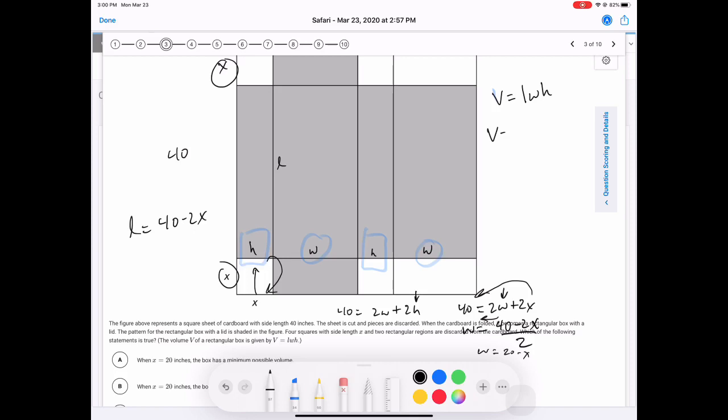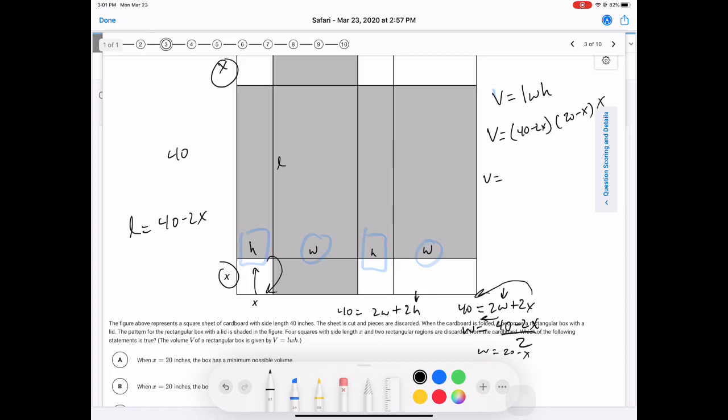Alright, let's plug in everything that we know. We know the volume is equal to our length, which was 40 minus 2x, our width, which was 20 minus x, and our height, which is equal to just x.